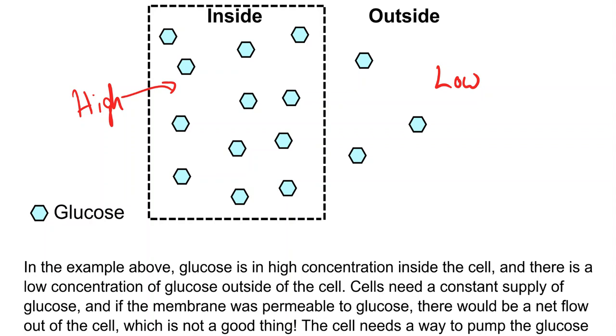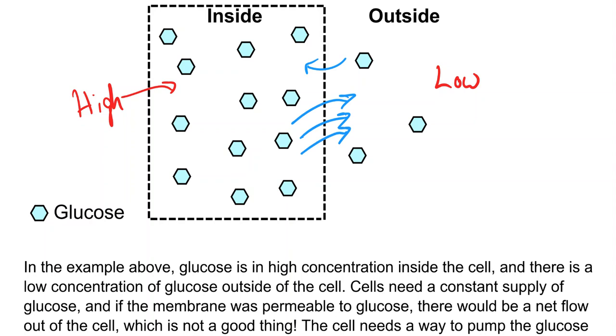Cells need a constant supply of glucose, and if the membrane was permeable to glucose, let's just think about this for a second. What would happen to the glucose? Well, maybe a couple of these would move inside the cell, since they're all moving in random directions, but many of these would move outside of the cell.